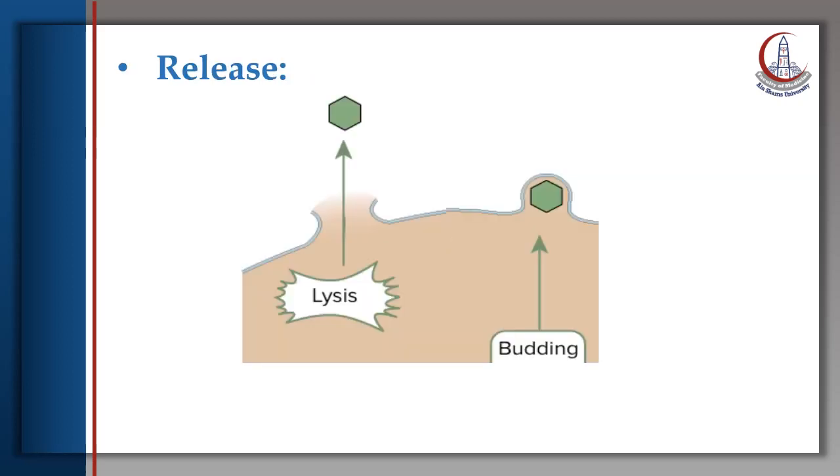Then the virus becomes released from the host cell by lysis or rupture of the host cell, which usually occurs in the non-enveloped viruses, or by budding through the cell membrane as in the enveloped viruses.